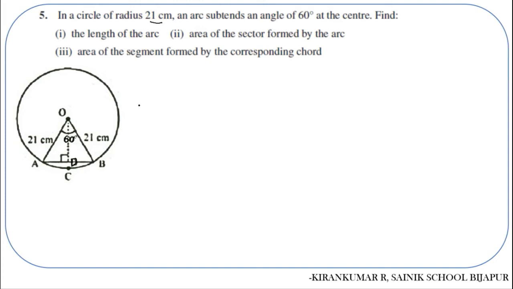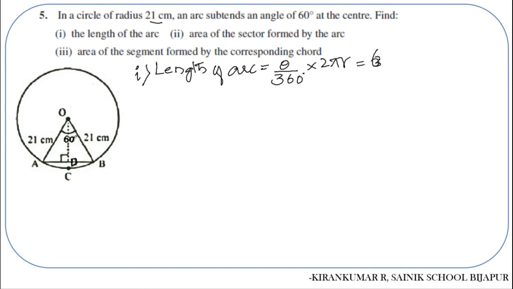So we need to find out first one as length of arc. So length of arc will be equal to theta upon 360 degree multiplied to 2 pi r. Now the angle theta is 60 degree. So 60 upon 360 multiplied to 2 pi r. 2 into pi into radius is 21.